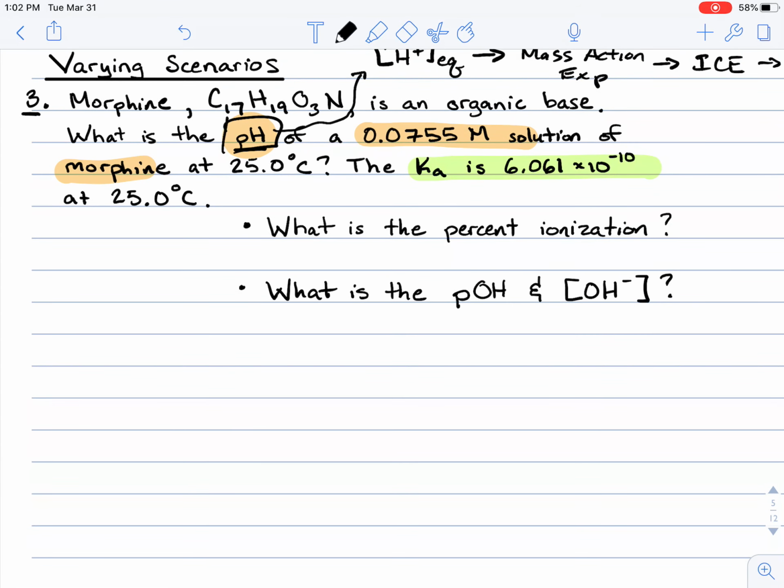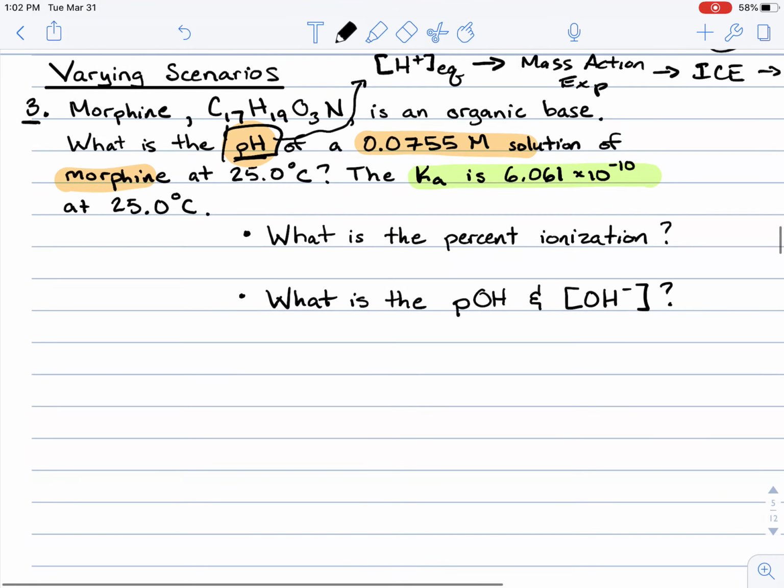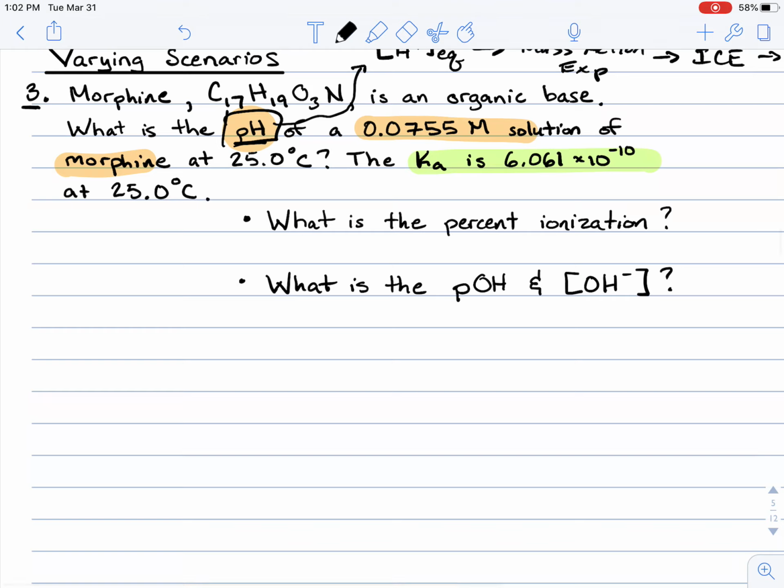All right, so already this problem is telling us that morphine is an organic base. And so once again, whenever you guys are writing a chemical equation for something that is a weak base, you need to add in water as a reactant. And so here we have C17H19O3N. And once again, I'm going to go ahead and write water as HOH. You guys don't necessarily have to do this.